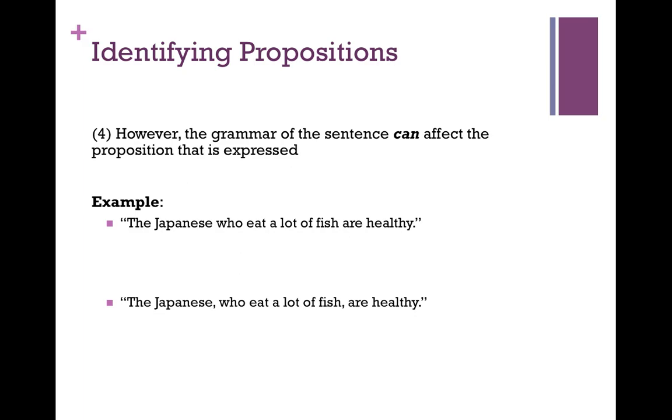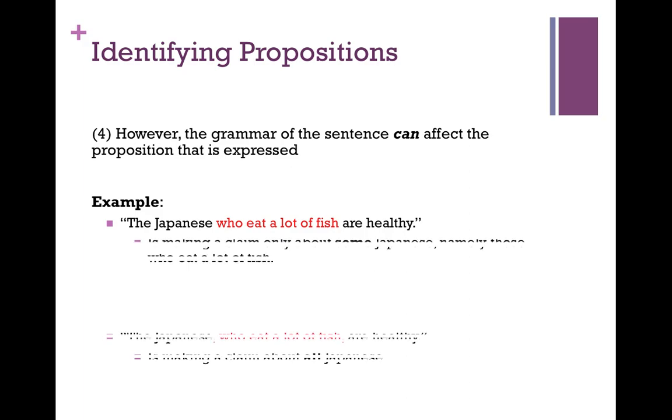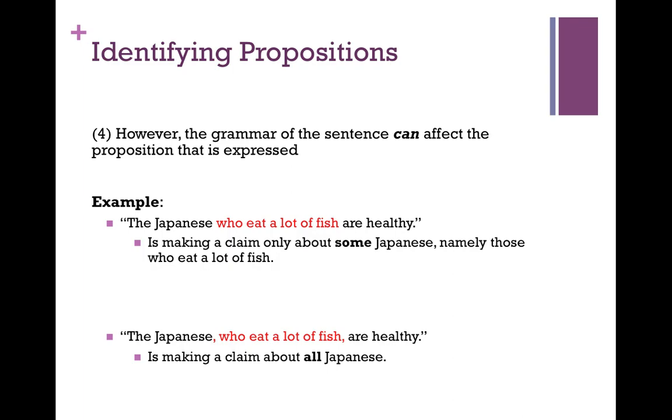Well, it seems like the first sentence is talking about just a small group of people. It's talking about the Japanese who eat a lot of fish, so a particular class within the Japanese people. You can think about it in the following way.